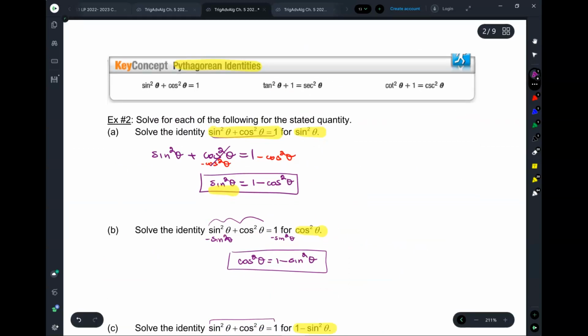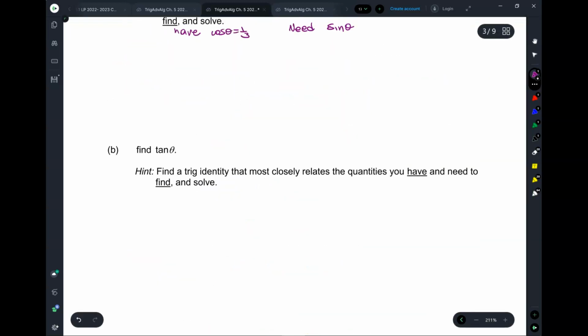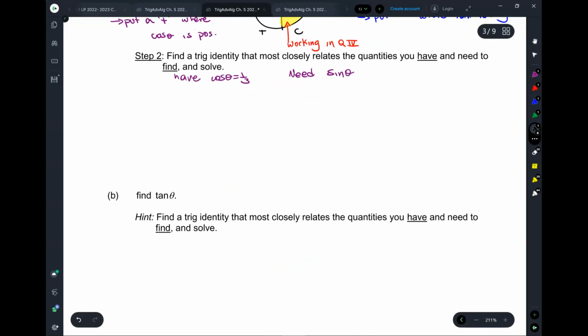So take a look at these. Find one that relates what you need to what you have, sine and cosine. Which one relates sine to cosine here? The first one. So we're going to use sine squared theta plus cosine squared theta equals 1.